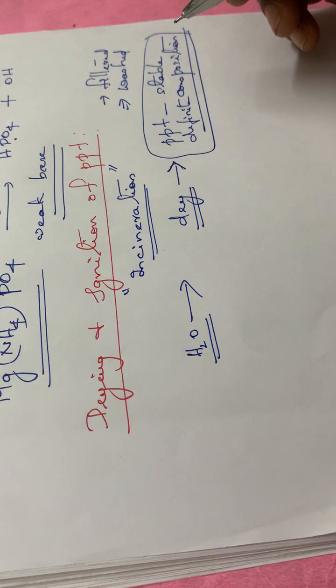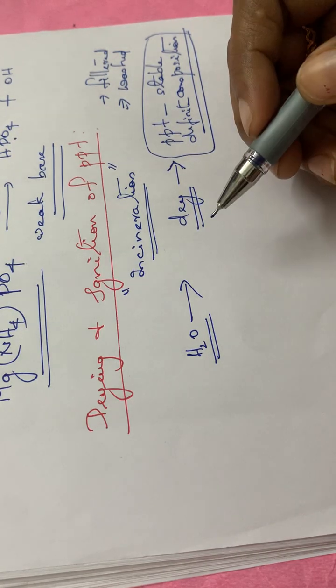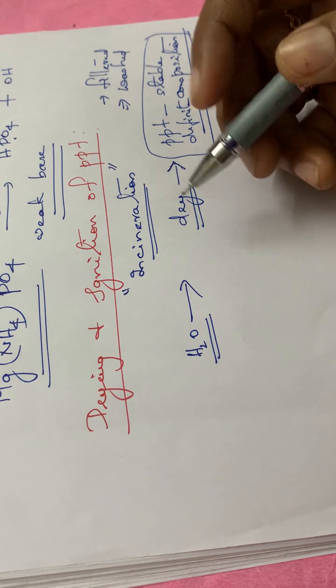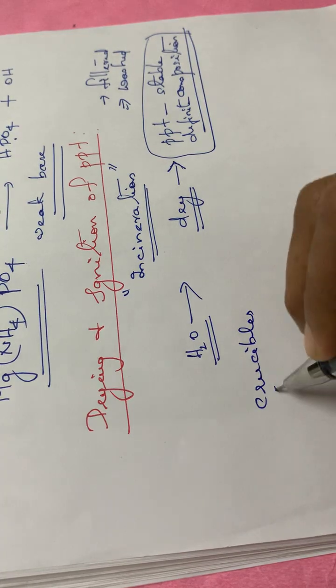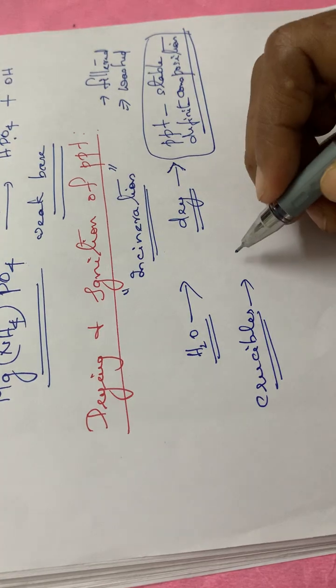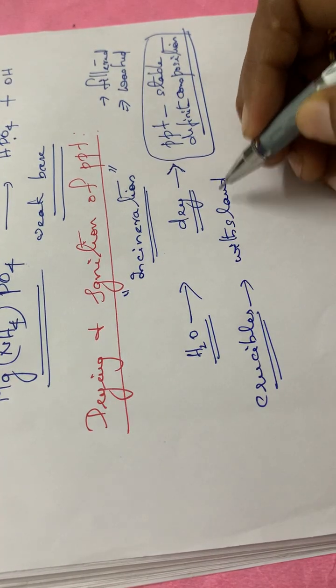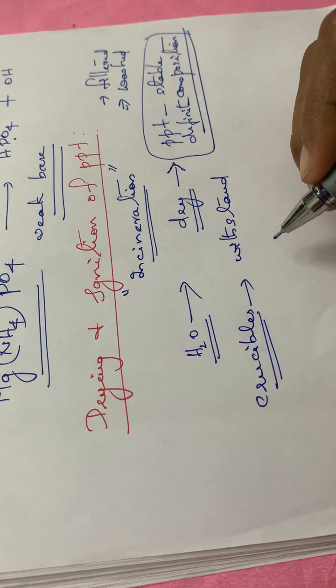Okay, so we have to dry that particular precipitate at a very high temperature. Usually for this drying, we will be using crucibles, and the peculiarity of this crucible is that it can withstand very high temperature. It's not like just our glass beakers, test tubes, or conical flask.